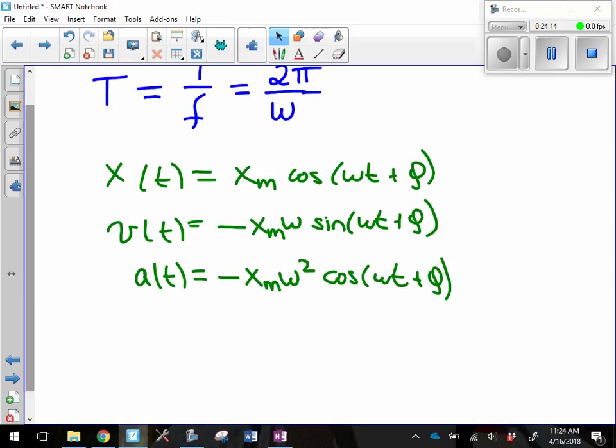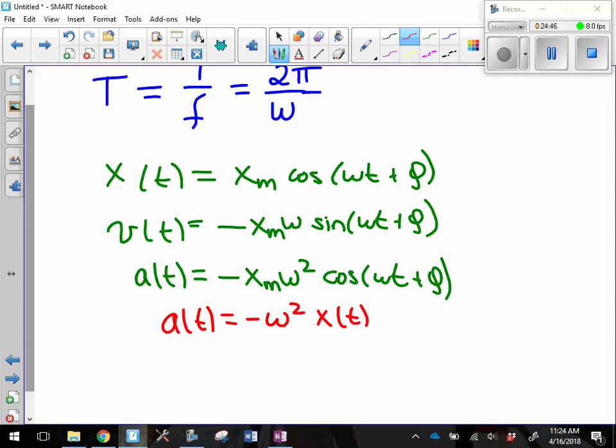We went through all those first or second day. Probably not something that comes back until a higher level mechanics class or some specific kind of engineering class. Okay. And remember even further then that a of t is negative omega squared x of t, right? Because this part and this part are that.